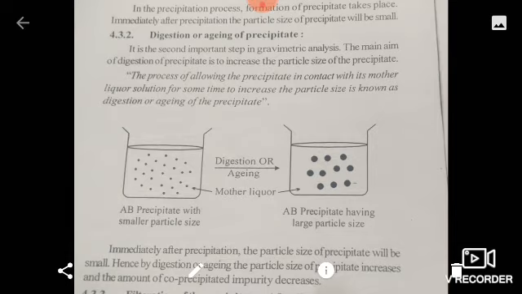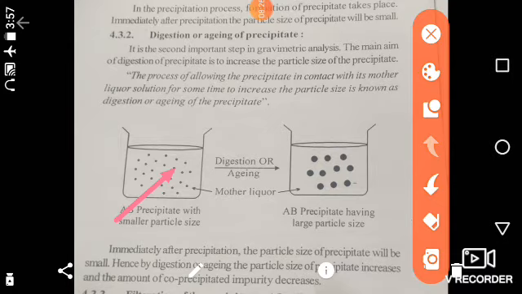So see the figure here, how this precipitation takes place, and after precipitation the digestion or aging takes place. Here the particle size is small, and after digestion or aging, by slightly or gently heating the solution, we get a larger particle size as compared to the first particle size.